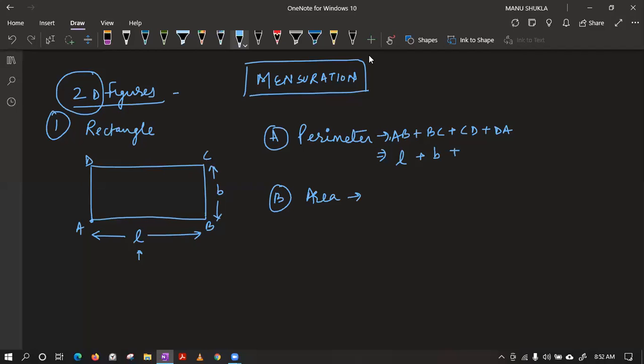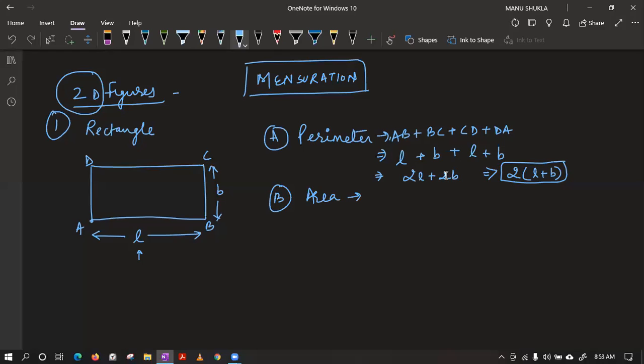Because we know in a rectangle, opposite sides are equal. So we can say CD is L and DA is B. So finally we will get the answer as twice L plus twice B. So to make it simple, we can take the common thing. So 2 common, L plus B, is the formula for the perimeter of a rectangle.